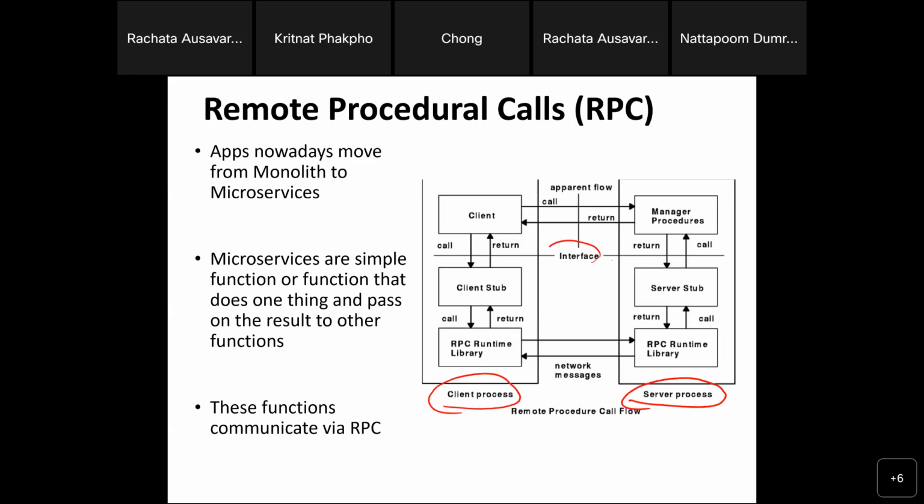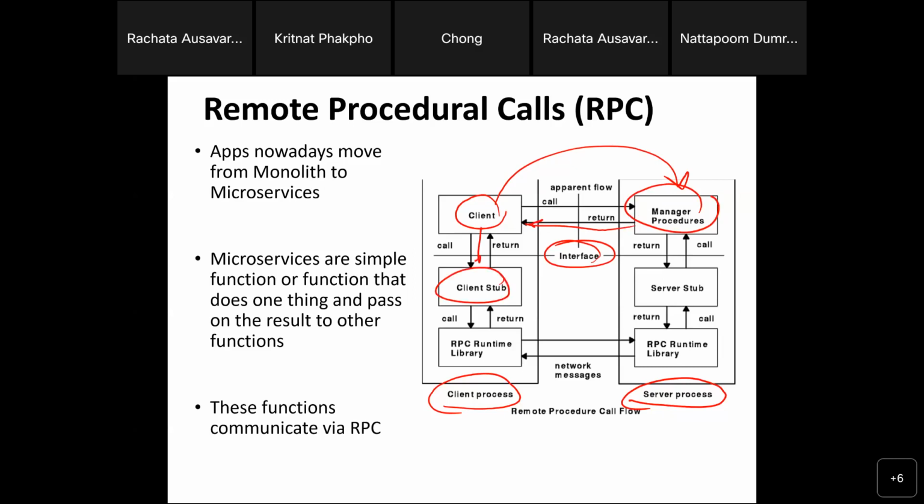The interface will make it look as if the client called this procedure and it returned the data back. From the programming point of view, that's it. It's simple. Use RPC. Internally, what happens is the client will call the client stub.